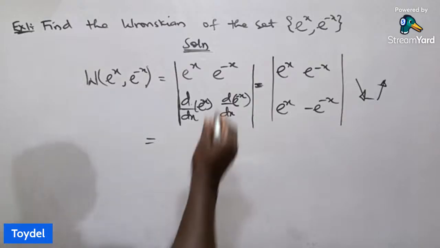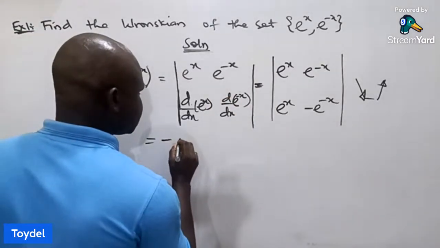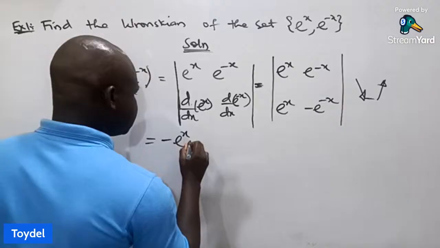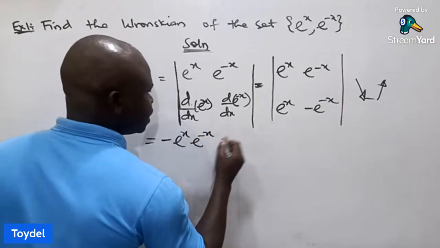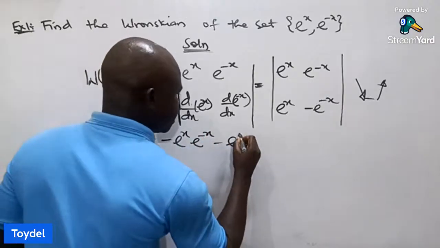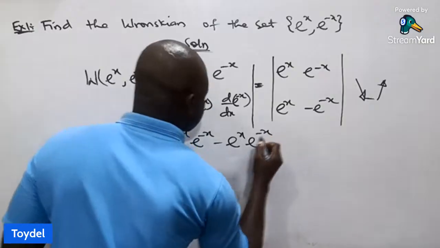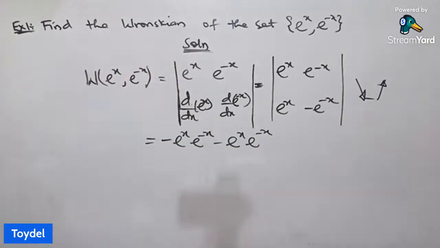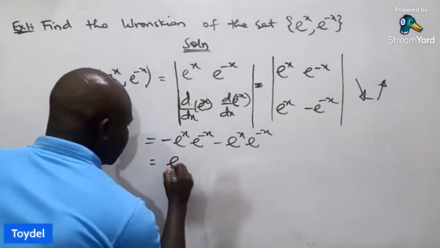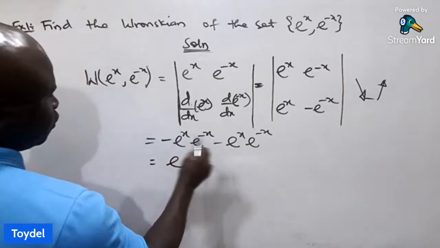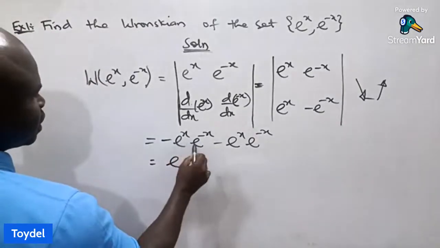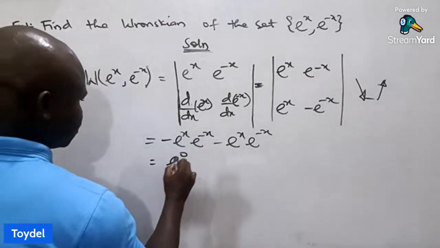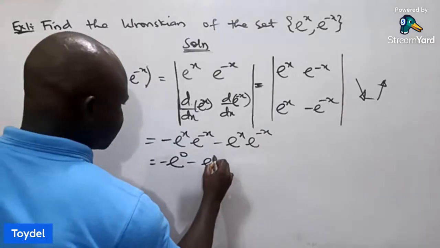So if you do that here, we are going to have minus e raised to power x multiplied by e raised to power minus x, then minus e raised to power x multiplied by e raised to power minus x. So what do we get if we do that? That will be minus, using laws of indices, the bases are equal, so we add the powers and get e raised to power 0, minus e raised to power 0.